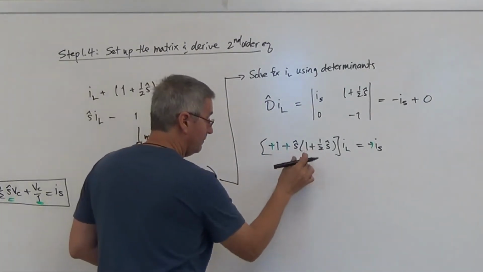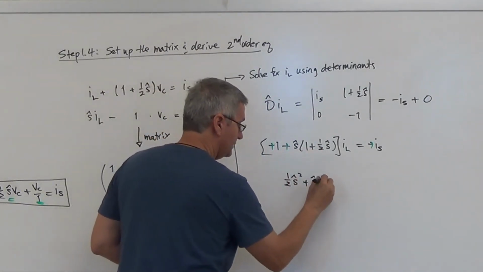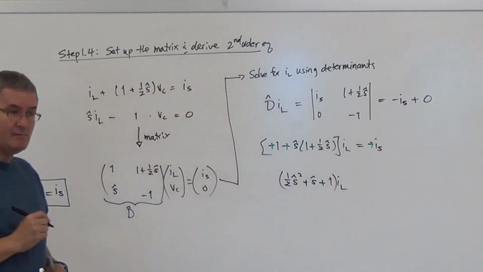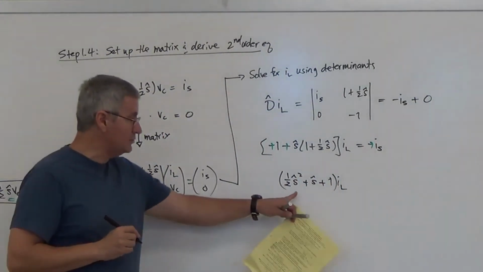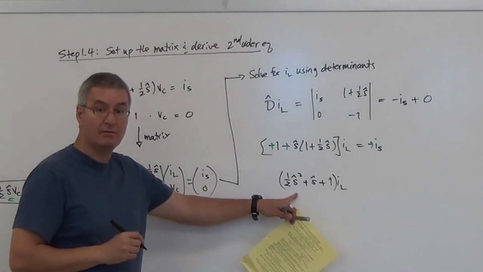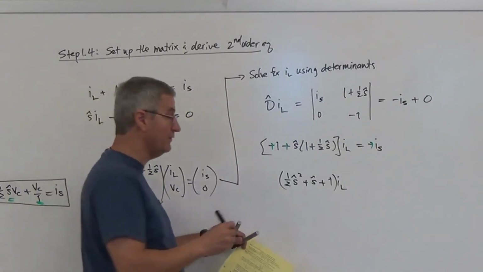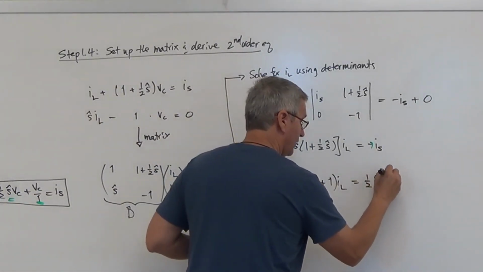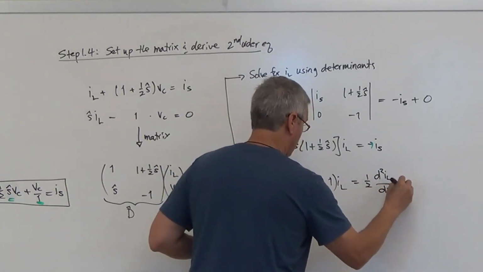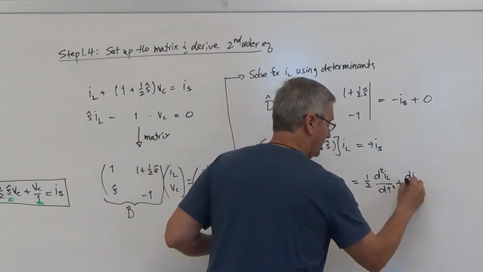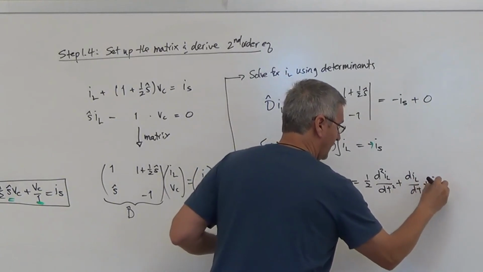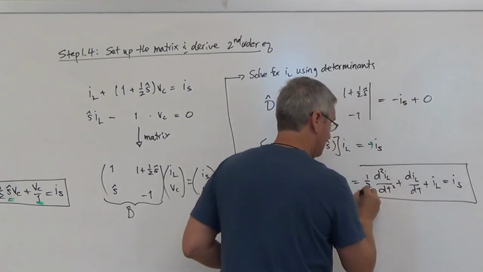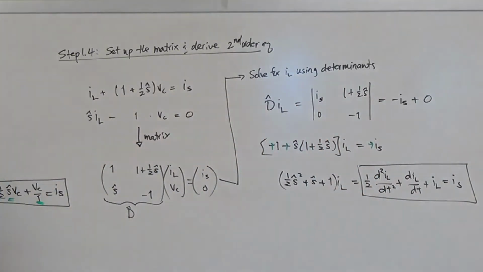Then I'm going to multiply that by 1, S hat, plus 1, IL. So now what am I going to do? I'm going to convert that into derivatives. If I convert that into derivatives, this is 1/2 d squared IL dt squared plus dIL dt plus IL equals IS. And that's the second order differential equation right there.